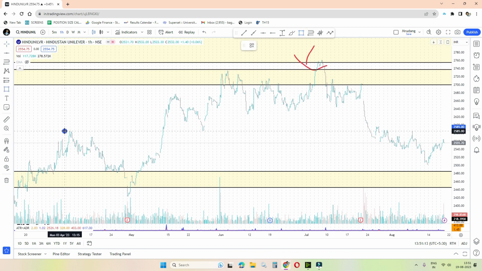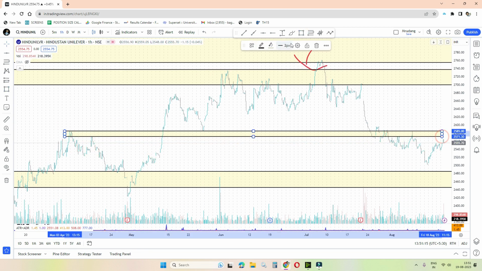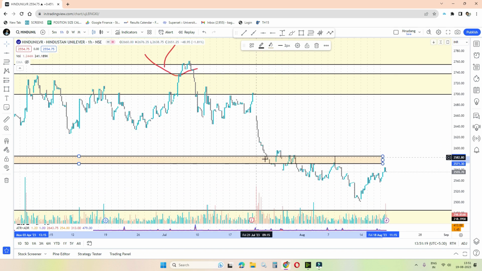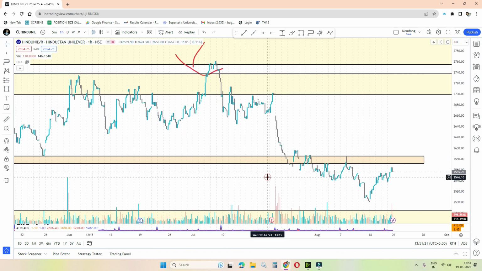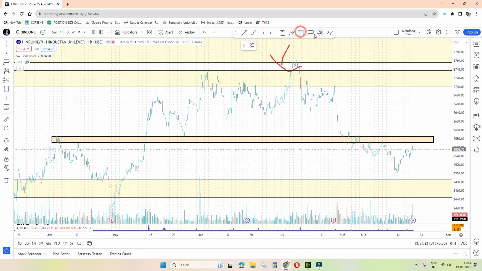You may color code it, like fill it up with another color. Okay, so this one is for hourly. Let's assume this one is for hourly. Okay, so resistance, support. Okay, it fell down, so it may try to become a resistance here.